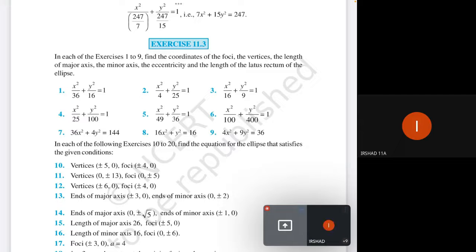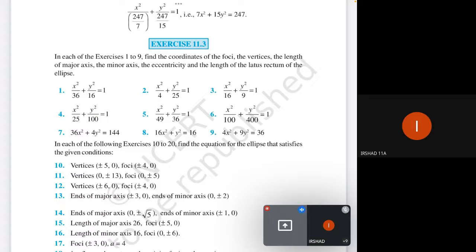That means the major axis is the Y axis. The end points of the major axis only are considered as vertices. So the major axis is always 2A and the minor axis is 2B. Eccentricity is C by A.